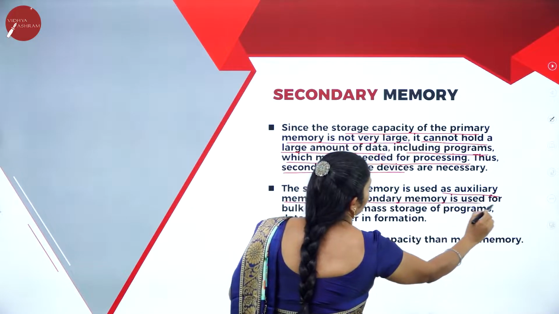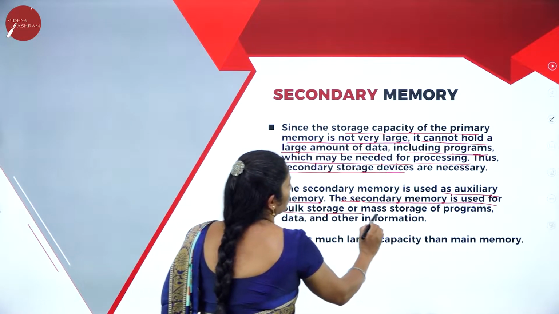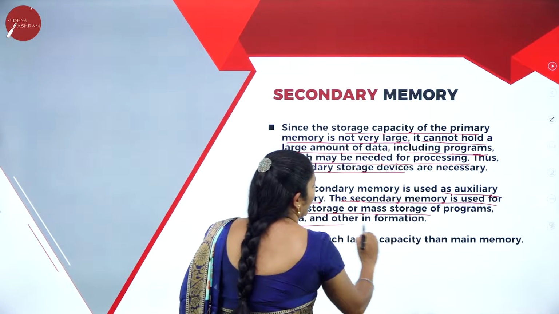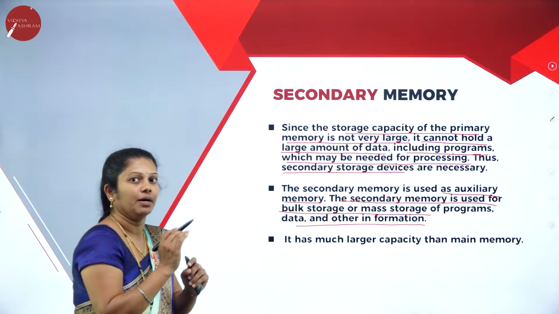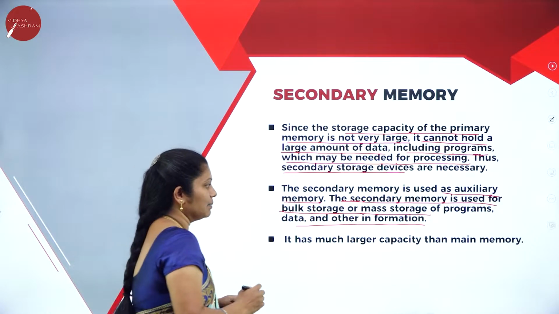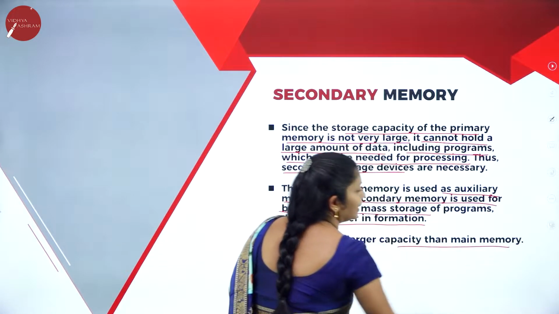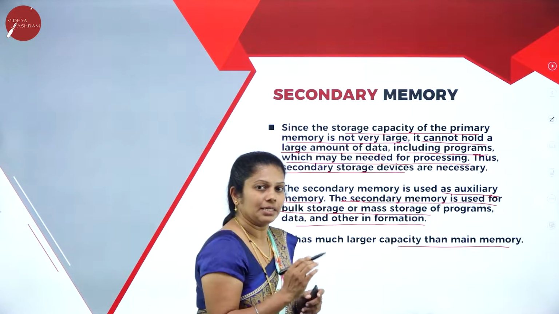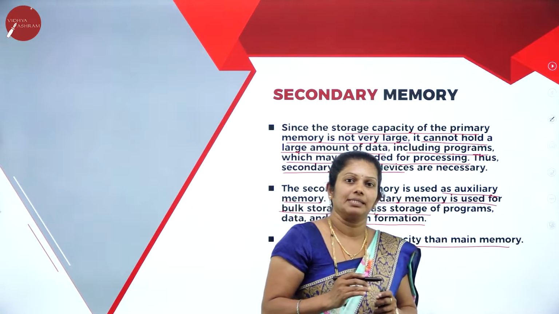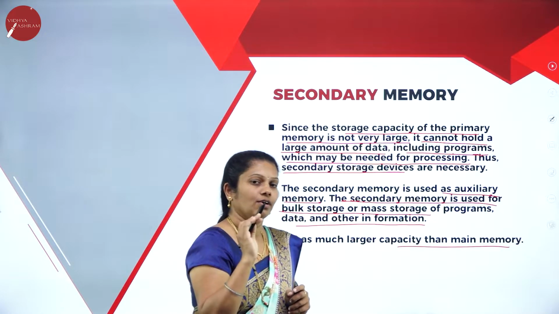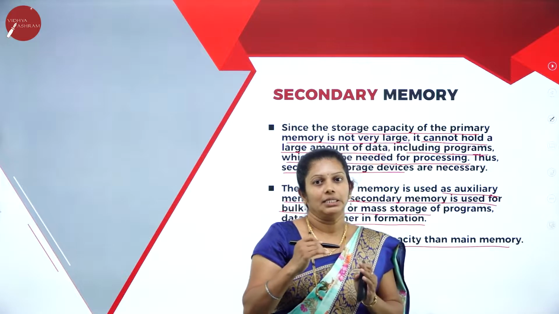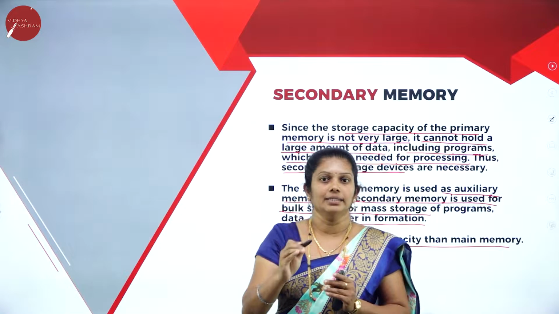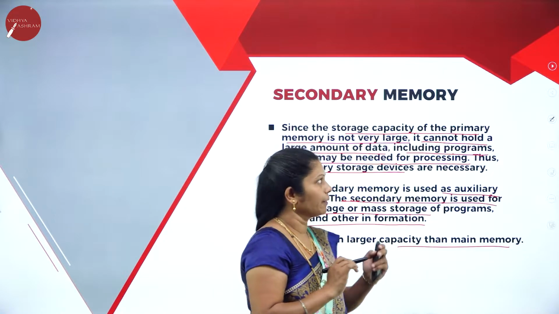It is used for bulk storage or mass storage of programs, data and other information permanently. It has much larger capacity than main memory. Capacity wise, secondary memory is more, but primary memory capacity is very less. But when you want to process, at that time the data can be accessed only through the primary memory. The CPU can interact only with the primary memory.